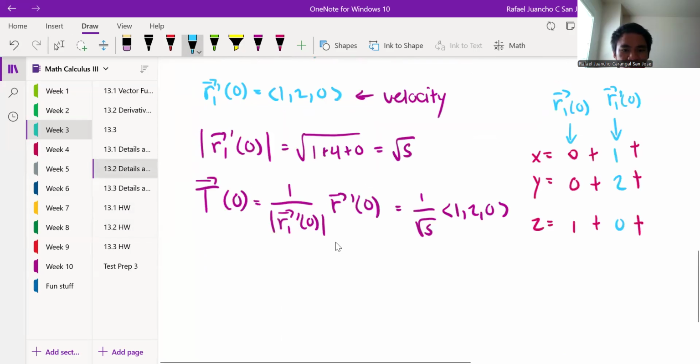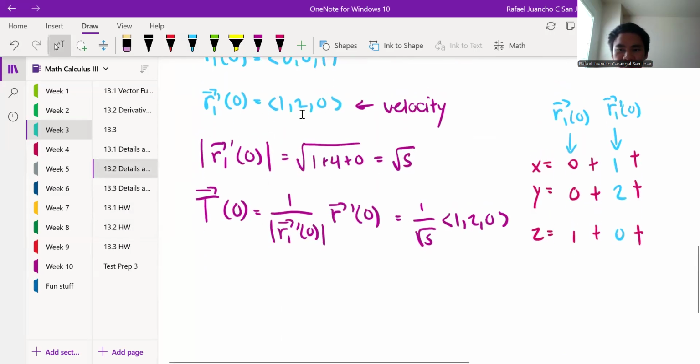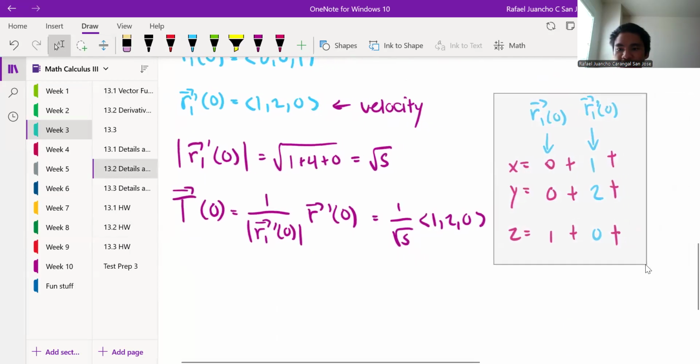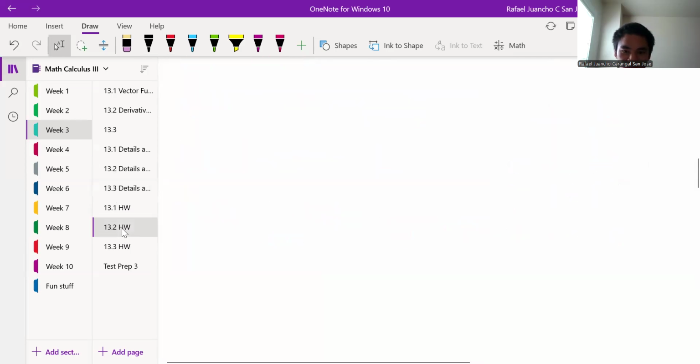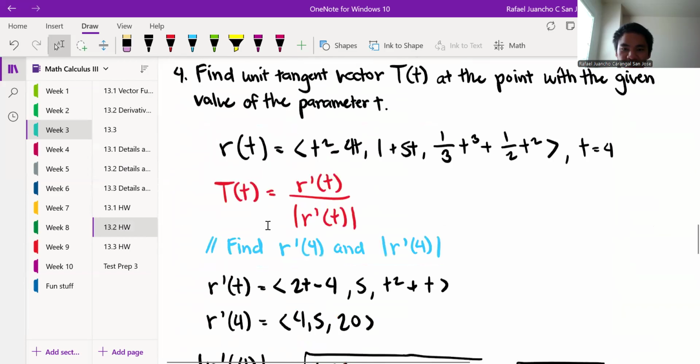I have some tips here, but basically we just have an x, a y, and a z, and we plug in the initial point at time equals 0 in this case, and we also plug in its derivative. Then we just add the plus t thingy. So it's the same idea as constructing parametric equations of a line. Literally the same idea.